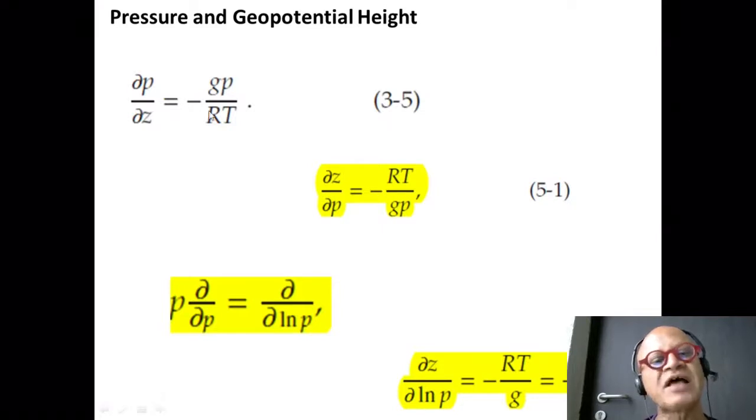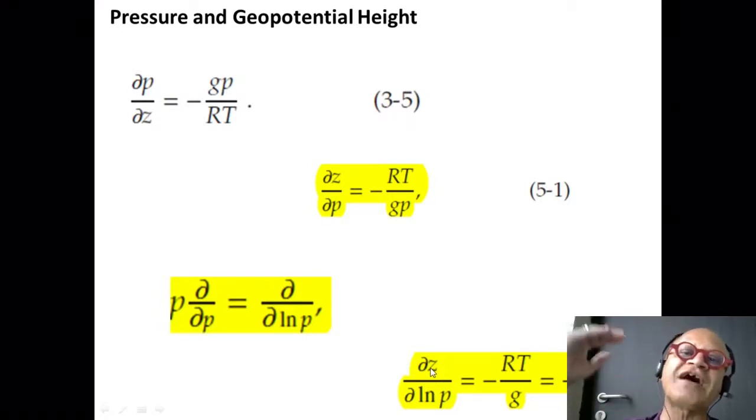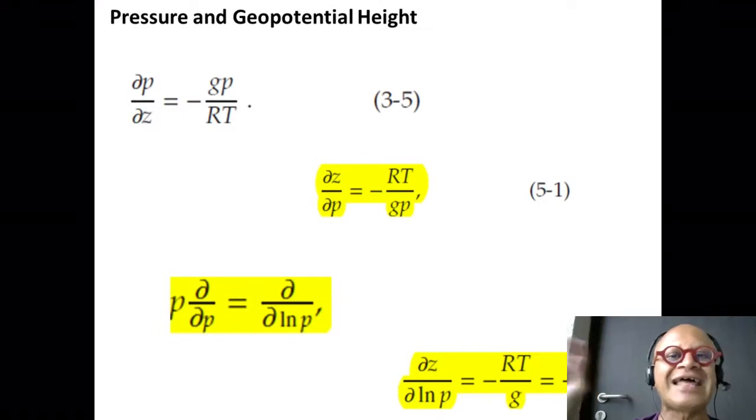So going from the hydrostatic relation, we have inverted the relation, and we're writing the variation of height as a function of pressure in terms of the scale height that we had talked about before. Remember, scale height is where a variable drops off by one exponential, or it's the e-folding height or e-folding depth.